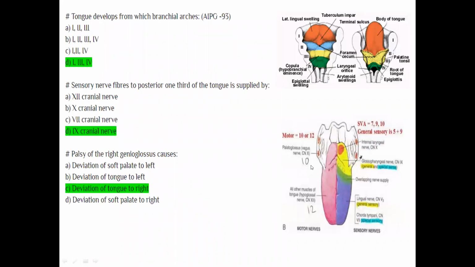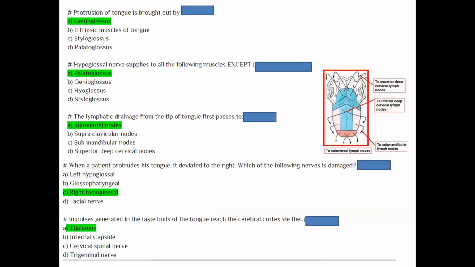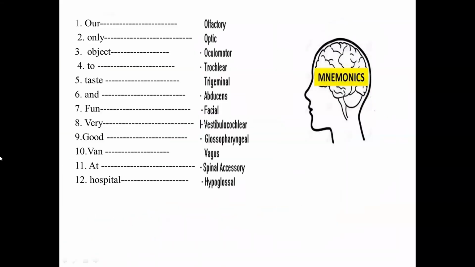The tongue develops from pharyngeal arch 1, pharyngeal arch 3, and pharyngeal arch 4. The sensory fibers of the posterior one-third of the tongue are carried by cranial nerve 9, the glossopharyngeal.